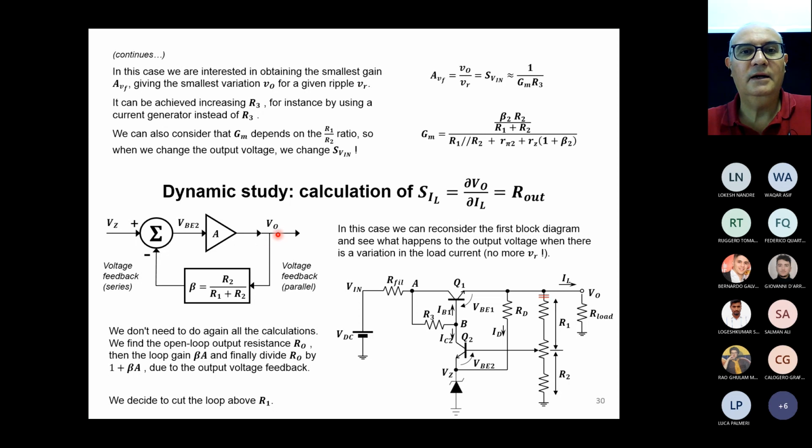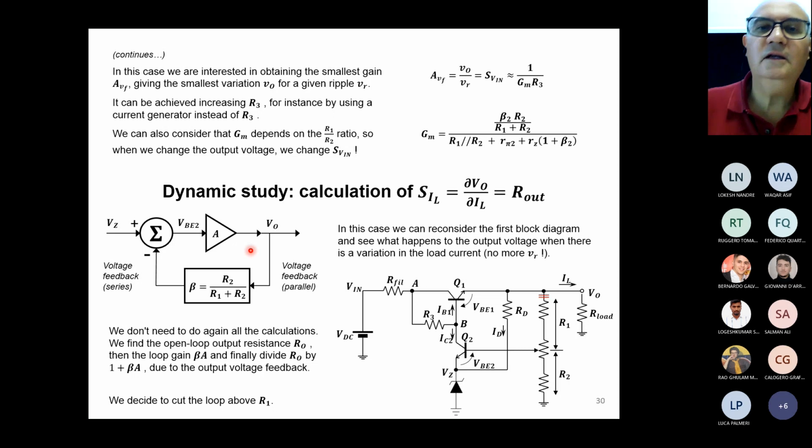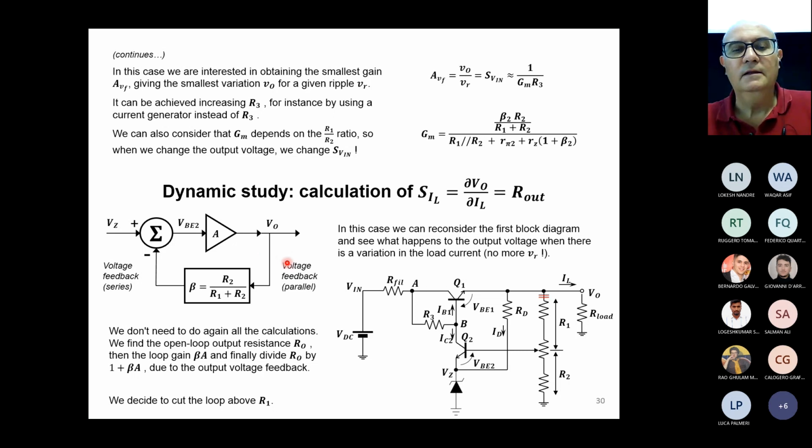Then we take a part of the output voltage using these beta blocks, the feedback block. We get this feedback voltage that is subtracted from VZ, and we use this error voltage as the input for the output amplifier. Okay? So this is the first schematic that we saw.